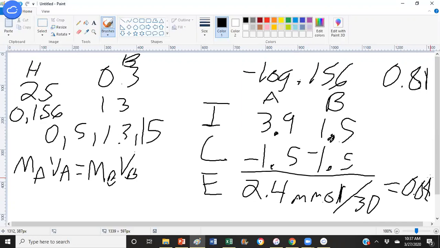Final step, negative log of 0.08 is 1.09. So the second point in the titration is 1.09. So the pH starts at 0.81. After 5 mLs, it goes to 1.09. Then after 13 mLs, it goes to 7.